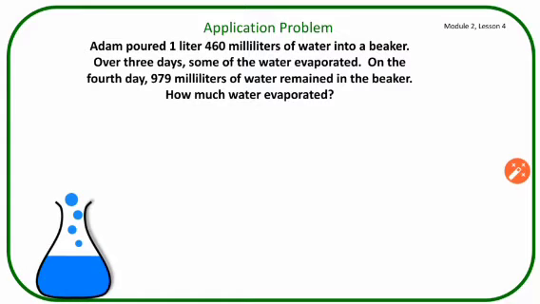Some of the water evaporated. On the 4th day, 979 milliliters of water remained in the beaker. How much water evaporated? Now quickly take up your pen and book and solve this word problem. Pause the video and solve this word problem.